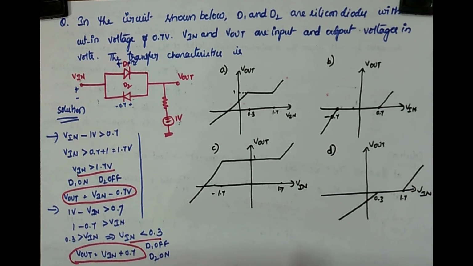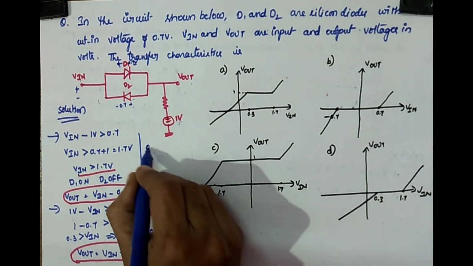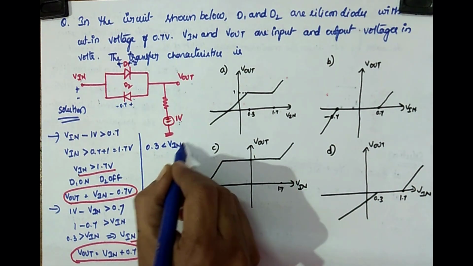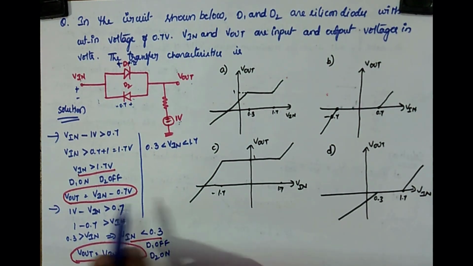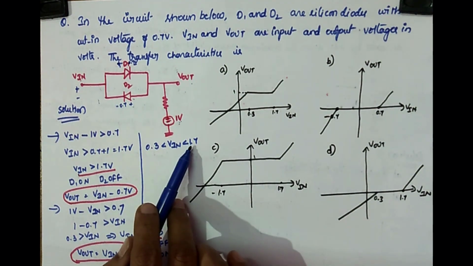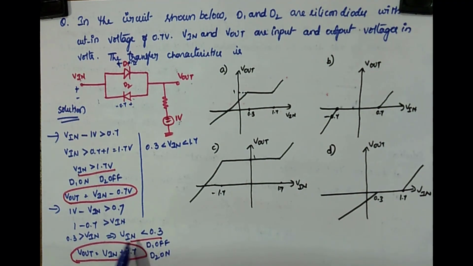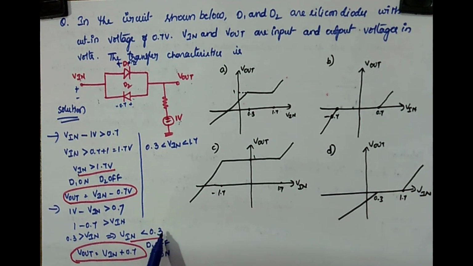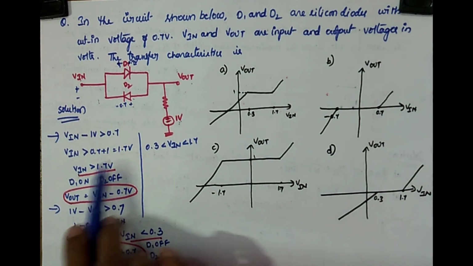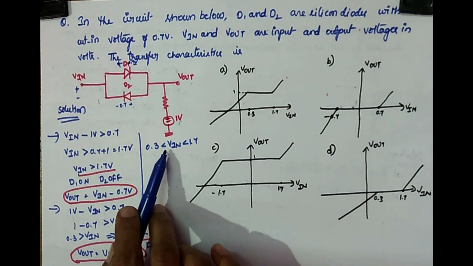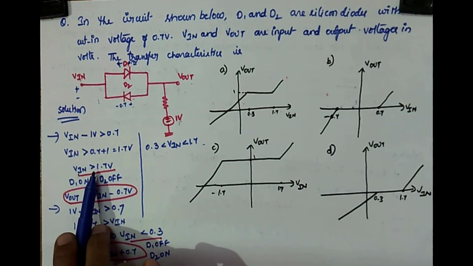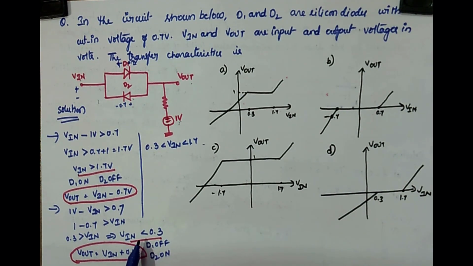Suppose your voltage is 0.3 less than Vn less than 1.7, meaning Vn is less than 1.7 and greater than 0.3. Here it is the reverse: this is for greater than 1.7 and this is for less than 0.3.